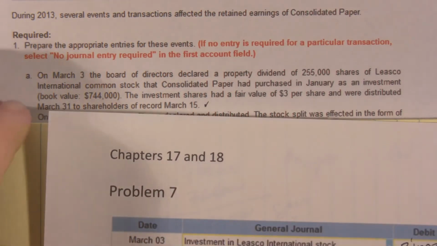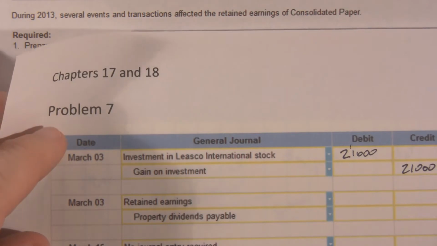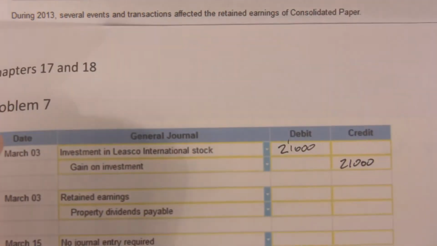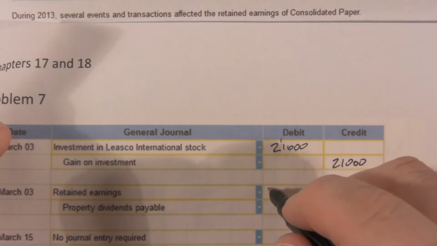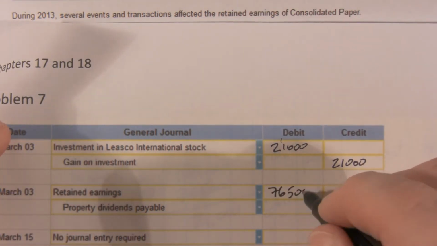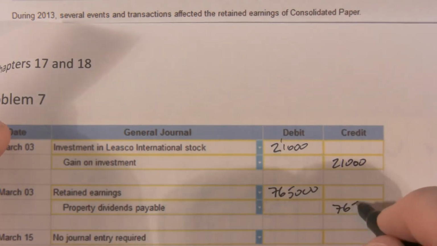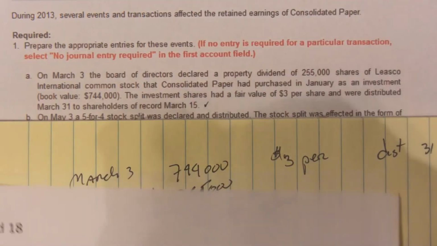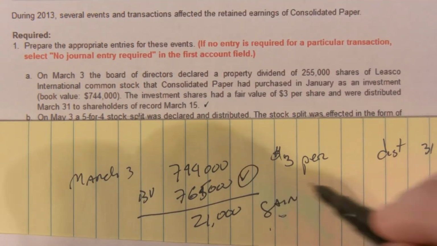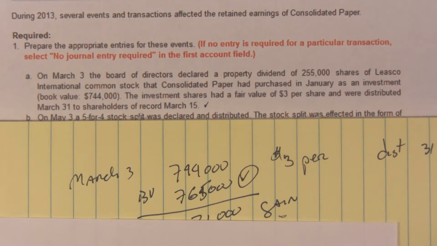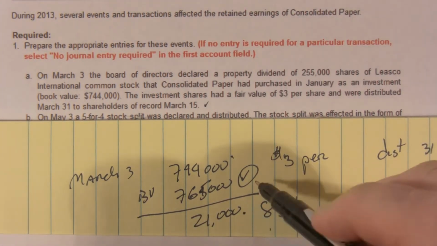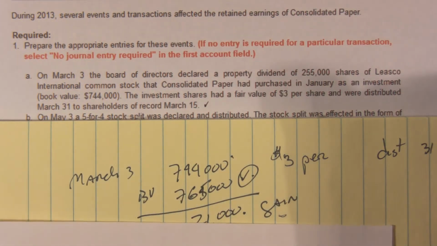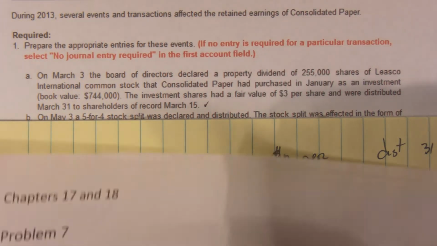Once we've recognized the increase, now we recognize the reduction to retained earnings and the property dividend payable, $765,000, because that was the value when we said we're giving them away. We recognized the gain, and then we distributed them at fair market value at date of distribution.